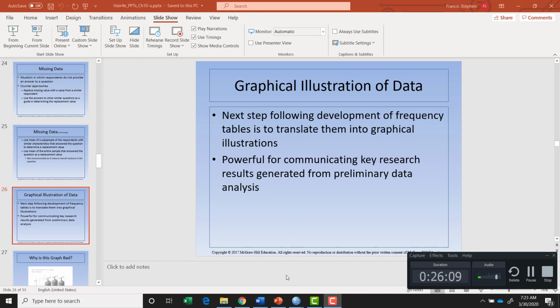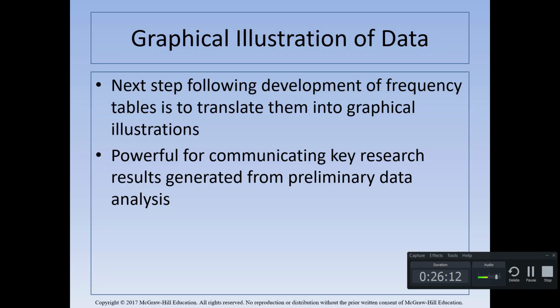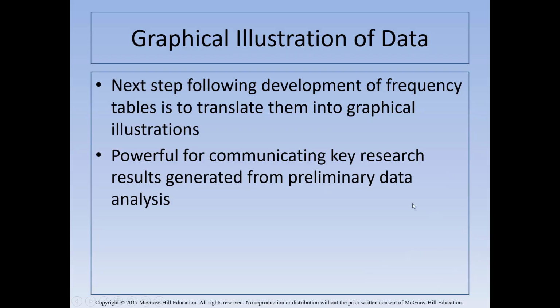Okay, so next we're going to move on to dealing with graphical information. What I've got here is a little bit silly, but there's a point behind it. I'm going to show you some example graphs and show you how not to do graphing in data analysis.